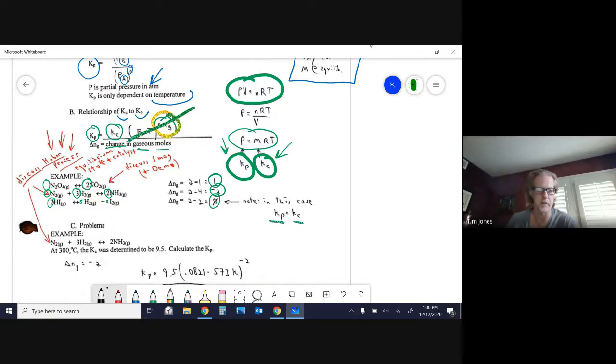It is simply a certain amount of product divided by the amount of reactant. It is telling you where the equilibrium lies between the amount of product and the amount of reactant. So in the case where delta Ng equals 0, the amount of product versus the amount of reactant is the same regardless of whether it's concentration or pressure.